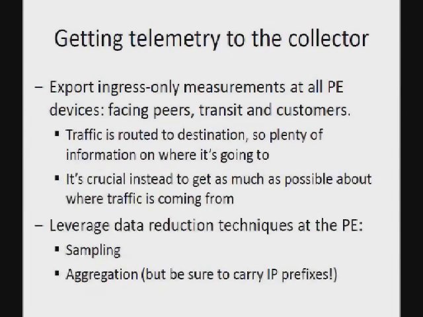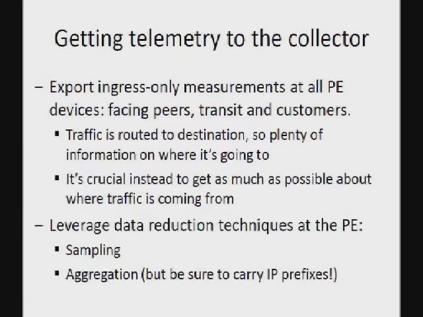And of course, a NetFlow or sFlow implementation can give some data reduction techniques available at the PE, for example, sampling, no problem with that. There is also sometimes aggregation available, and that is also fine. You can strip off things that are not required at the PE.